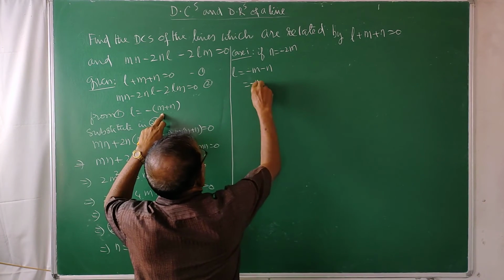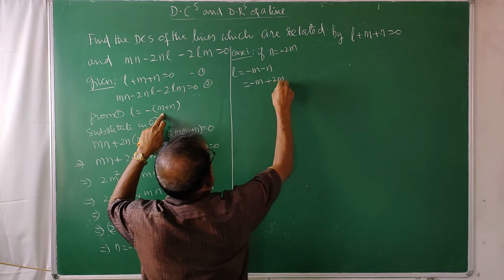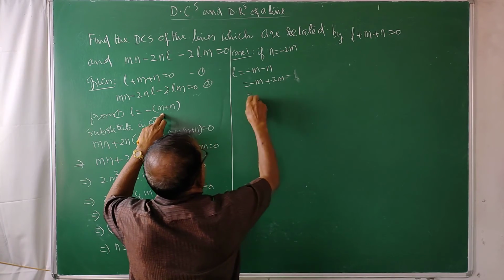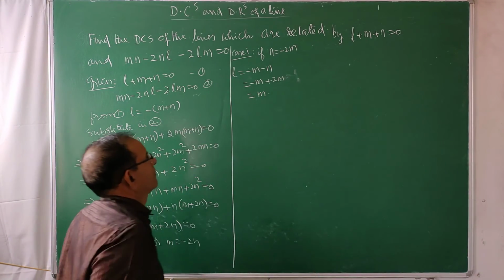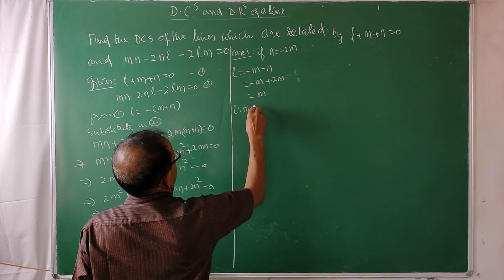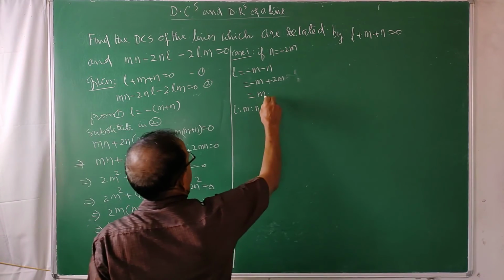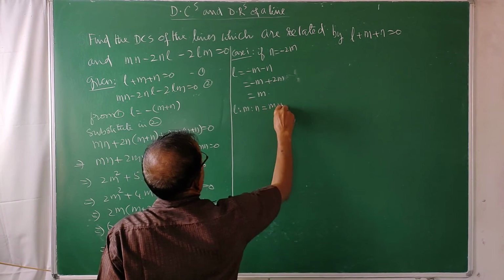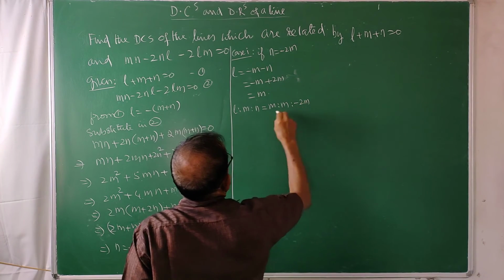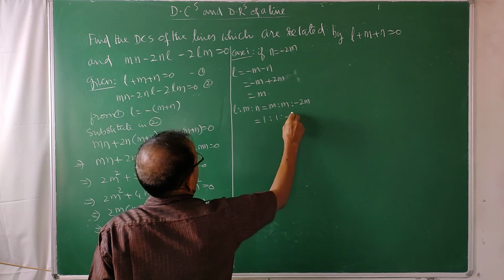This is minus m minus of minus 2m, that is plus 2m minus m, equal to m. Now what is the ratio L is to m is to n? L is equal to m, m is m only, but n is equal to minus 2m. You can cancel m on all the three, that is 1 is to 1 is to minus 2.